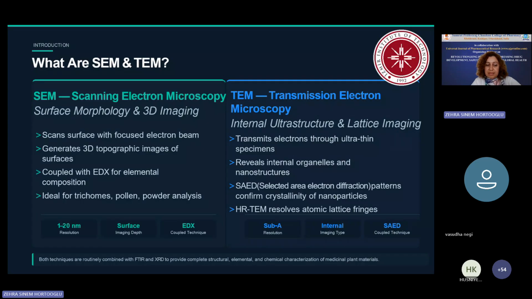They are very important techniques, routinely combined with FTIR and XRD to provide complete structural, elemental, and chemical characterization of medicinal plant materials. It's very important for research.